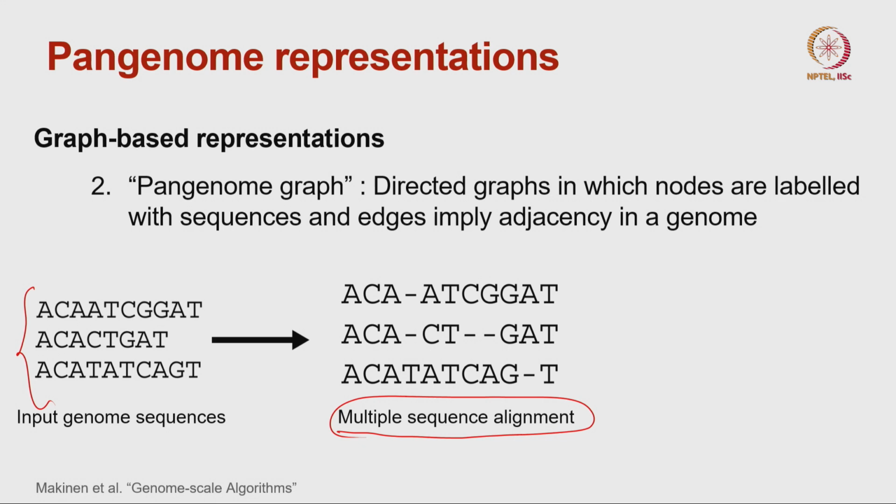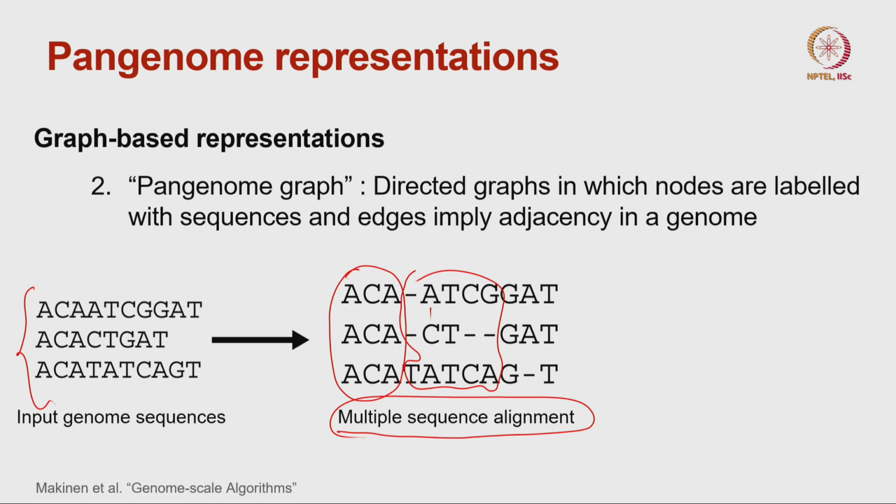The multiple sequence alignment would tell us that this portion of the sequence is conserved across all individuals, whereas there is a portion of the DNA sequence which is varying among the individuals. For example, here you see mismatches as well as insertions and deletions. Columns where equal characters are present in all the rows are well conserved, whereas the regions where we observe several insertions, deletions or mismatches correspond to the variable regions in the genome.